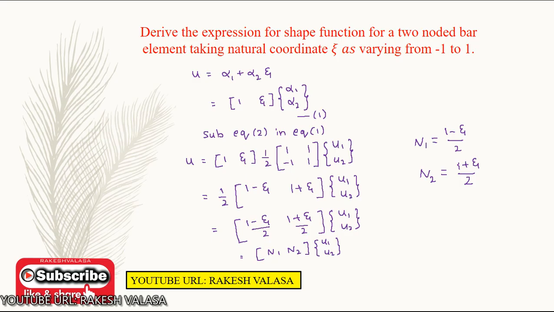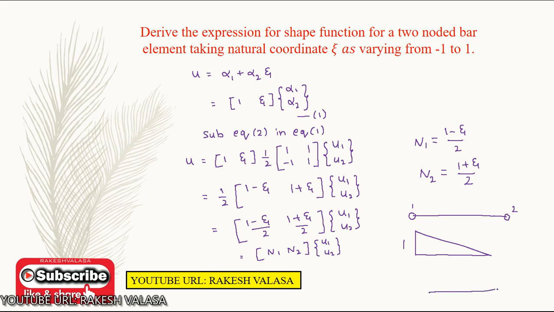Let us see how to draw the shape function for this bar element. This is node 1, this is node 2. You can write from -1 to 0, this is the 1.